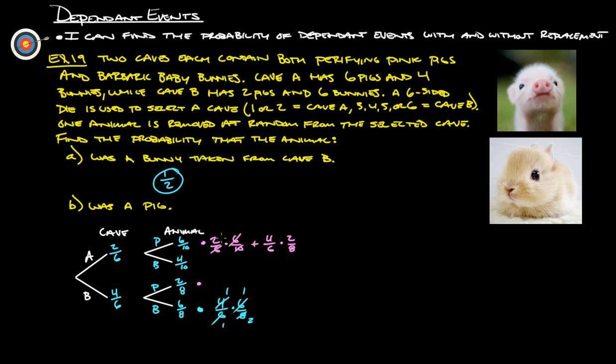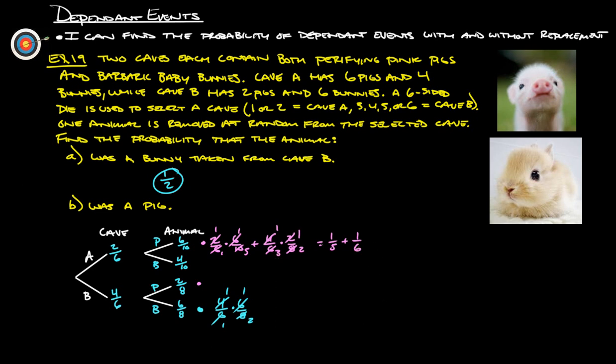The 6's go away, and that turns into 1/5. The 4 and the 8 turn into a 1 and a 2, and the 6 and the 2 turn into a 3 and a 1, so those are both 1. So that's going to be 1/5 plus 1/3 times 1/2, which is 1/6.